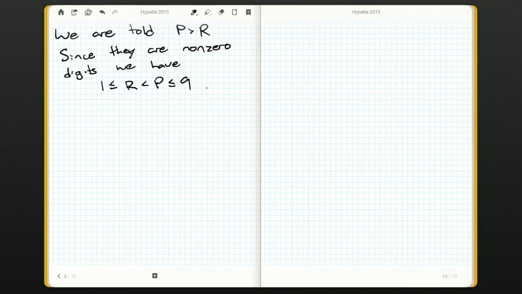Alright, so what we could do is we could make a little chart. The number of values of P minus R is going to be the number of possible different differences.